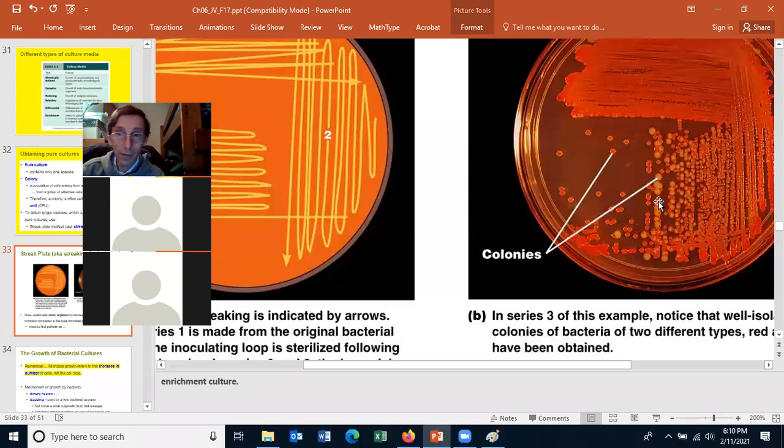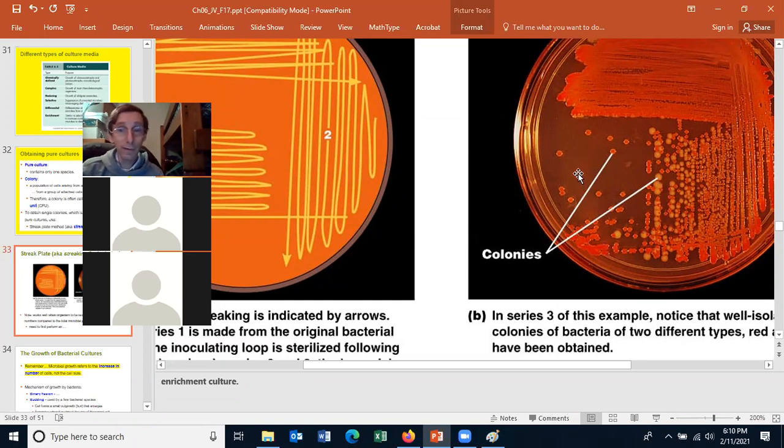And as you note, we could have isolated a pure culture of the red one, but that yellow could be contaminated. We don't have the yellow really isolated. That colony might be isolated.